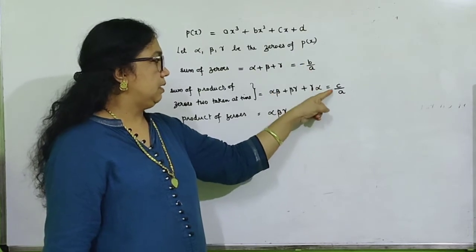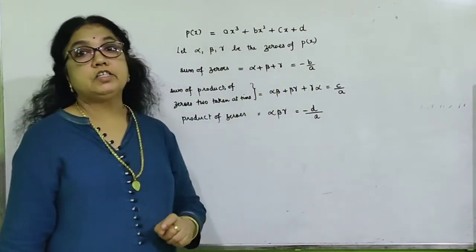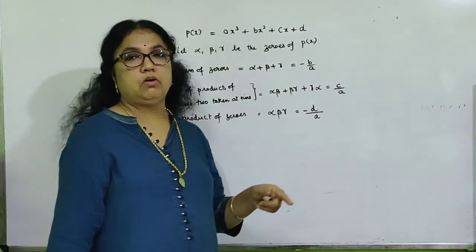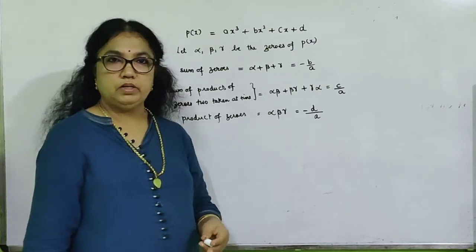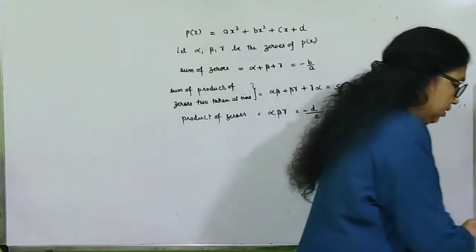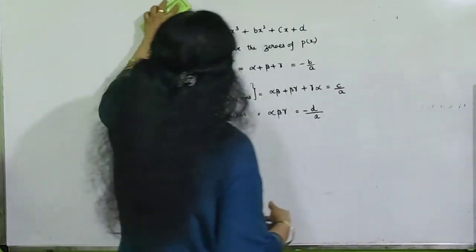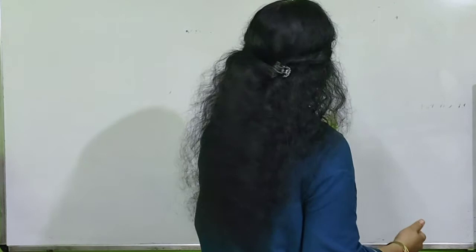The signs are minus, plus, minus. In this way you can remember. This is the relationship between zeros and coefficients of a cubic polynomial. Now, how can we verify the relationship? So these formulas you have to learn.